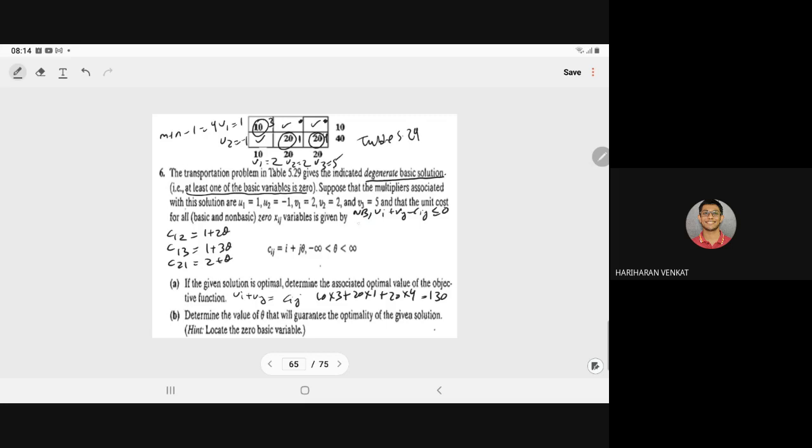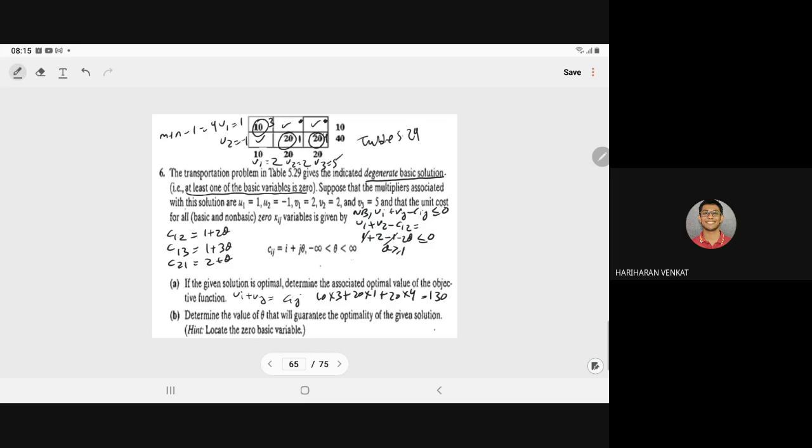So if you take u1 plus v2 minus c12, u1 is 1 plus v2, which is 2, minus c12, that is 1 plus 2 theta, must be less than or equal to 0. So 1 and 1 cancel out, so theta must be greater than or equal to 1.